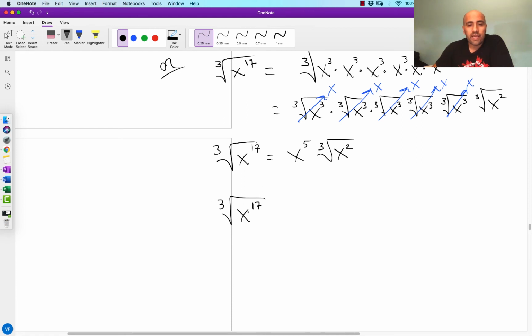So 3 of these x's can hold hands and come out as one single x. And how many different groups are we going to get? Well, that's going to be 5 different groups. That takes care of 15 of these x's. And then there'll still be 2 inside the schoolhouse, and they cannot come out because they don't have a group of 3. So 2 of them get stuck inside. Right? So that's a little way to think about it as a shortcut.